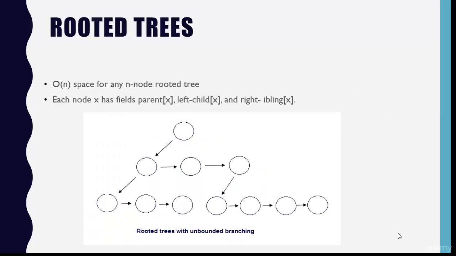Let us look at rooted trees with unbounded branching. The scheme for representing a binary tree can be extended to any class of trees in which the number of children of each node is at most some constant k. We replace the left and right fields by child 1, child 2, and so on till child k.